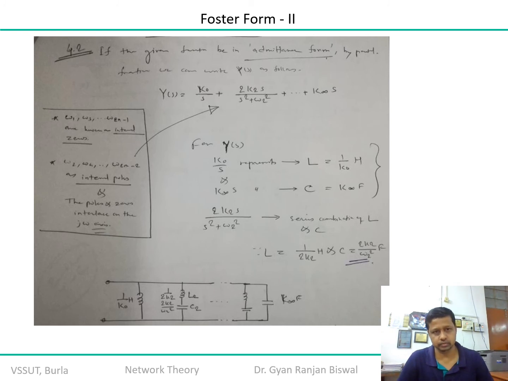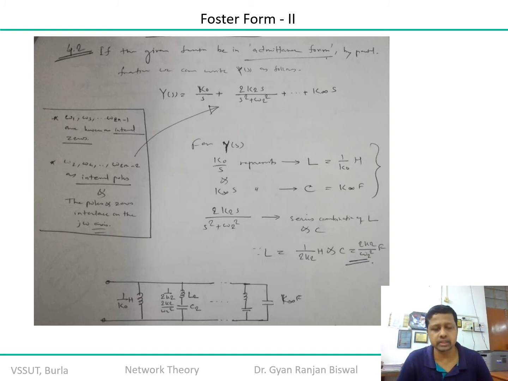In that case, all the odd frequencies ω1, ω3, or you can say ω(2n-1), are known as internal zeros, whereas all the even frequencies ω2, ω4 are represented as internal poles, meaning inherent poles of that particular transfer function.